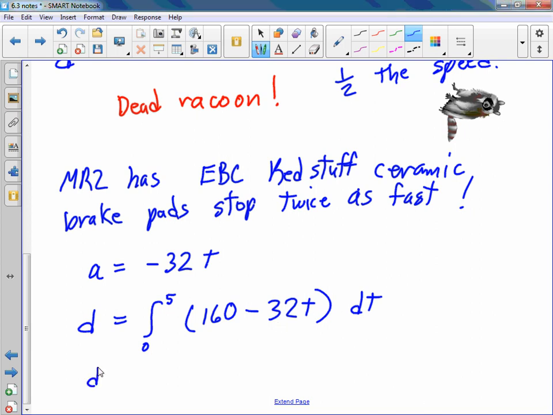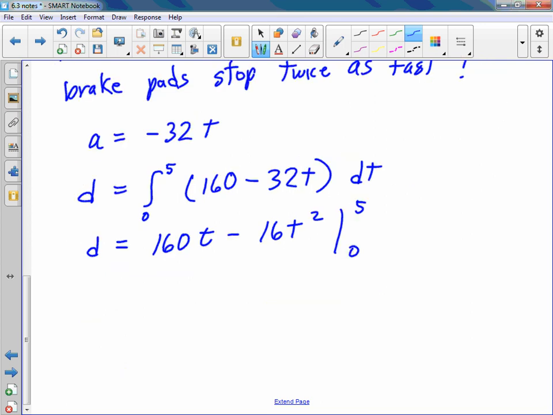So the distance needed to stop now with the great brakes is 160t minus 16t squared evaluated from 0 to 5. And that distance equals 800 minus 400.